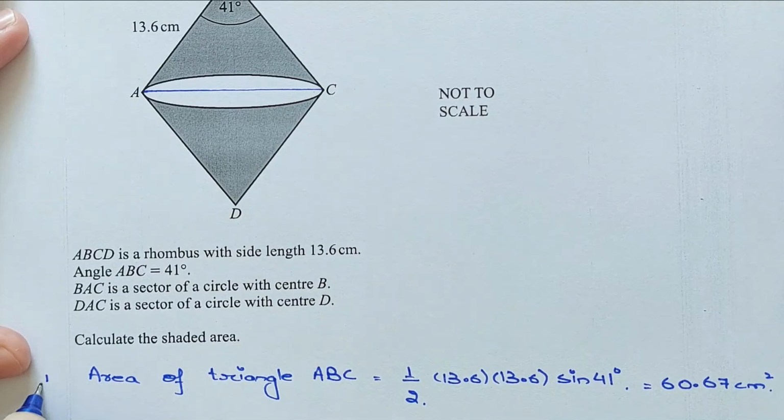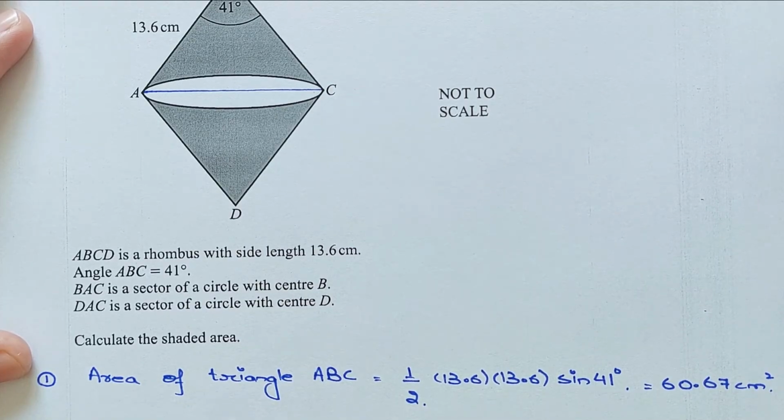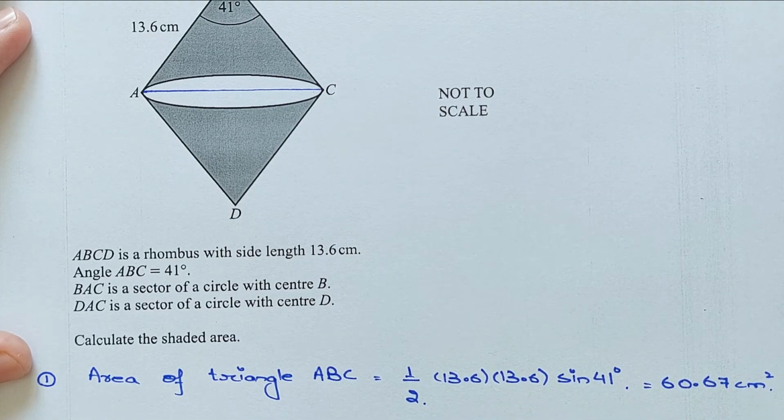Now the next step is to find the area of both sectors, BAC and DAC, right? The area of a sector has the formula theta over 360 times pi r square.